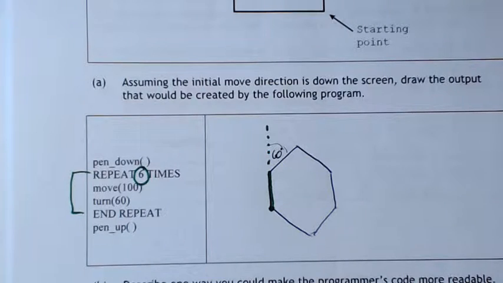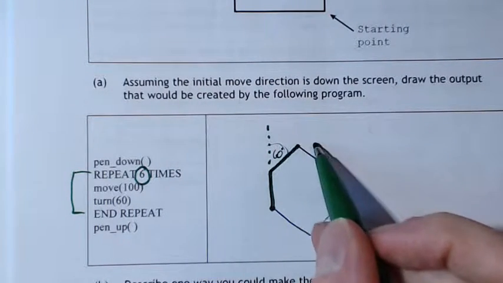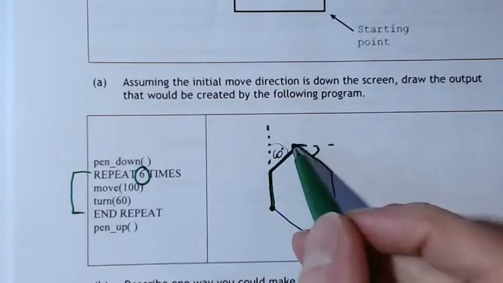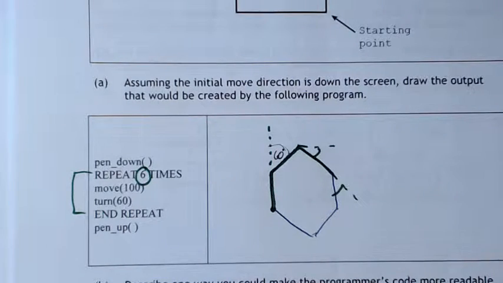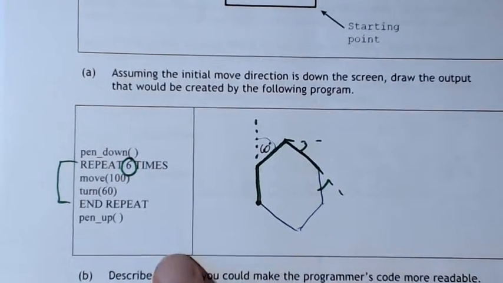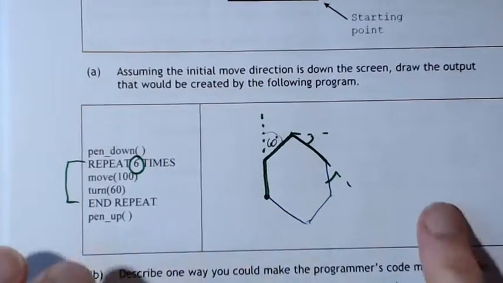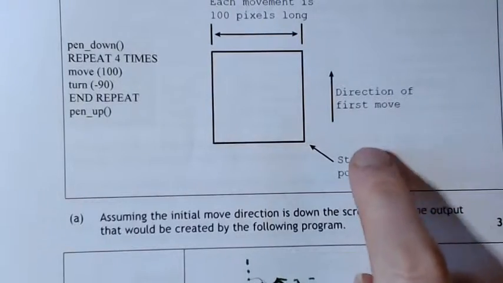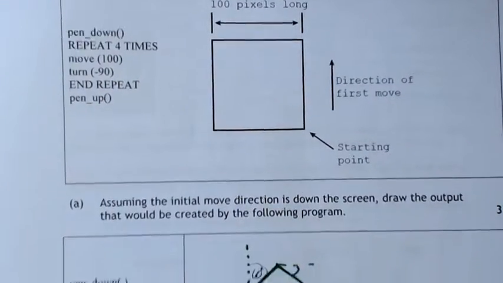And then again, it moves 100, and then it will turn 60 there, then it would move down, it would then turn 60. Okay, so you're really wanting to be making a 6-sided shape there. It can be a bit footery, but just take your time and draw it out, have it as your restart point, and always refer back to this. Okay, but you'll see that's repeat 4 times, hence why it's a 4-sided shape.